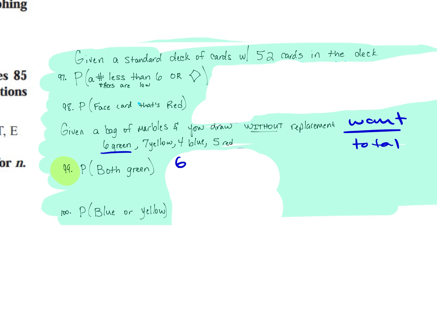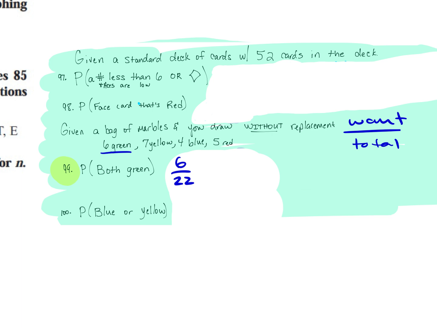Just add them up together. 6 plus 7 plus 4 plus 5 would be 22. Without replacement means that I picked a green marble out and I put it on the table. So now I have one less green marble in the bag.